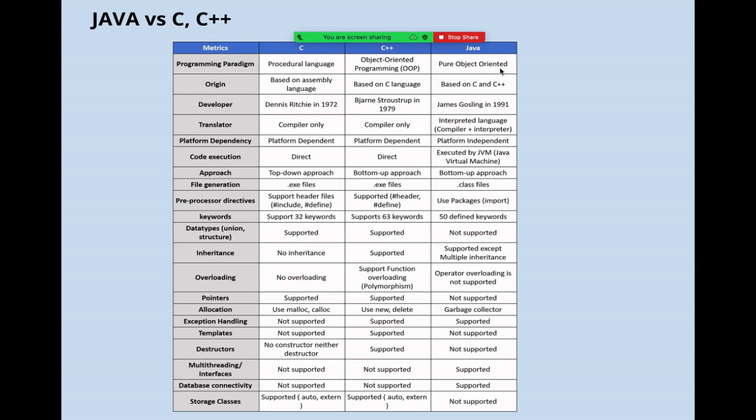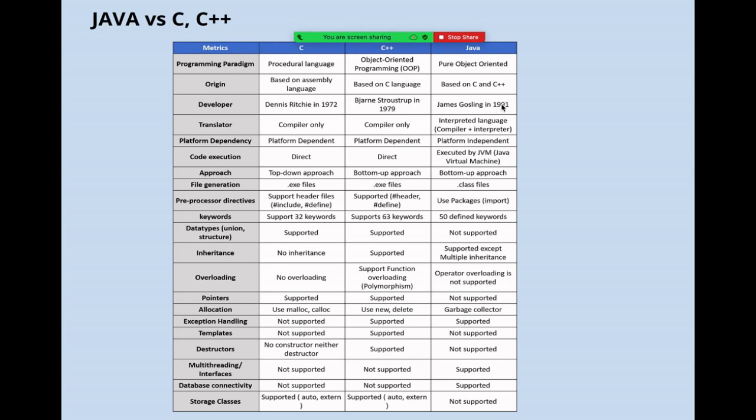Java is purely object-oriented. Object-oriented programs solve real-world problems, and C programs are procedural, mainly for writing system drivers and system-related stuff. But Java is for solving real-world problems like banking applications or ATM applications or anything of that sort.